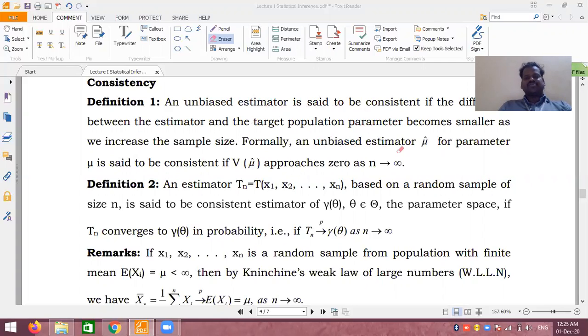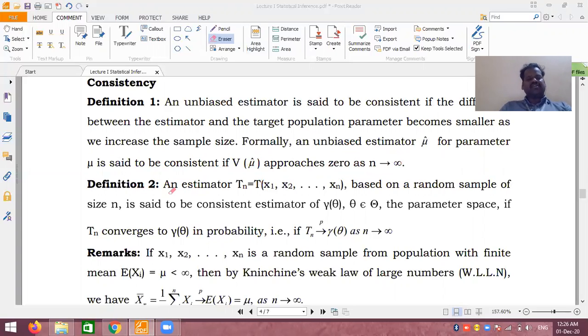Formally, an unbiased estimator mu cap for mu is said to be consistent if the variance of mu cap approaches zero when our sample size increases to infinity.